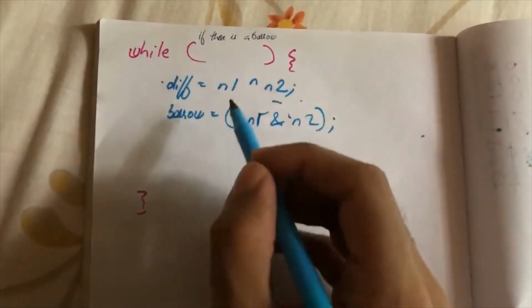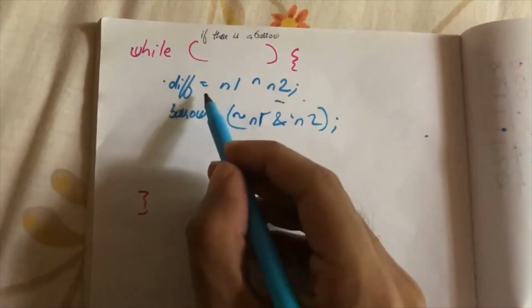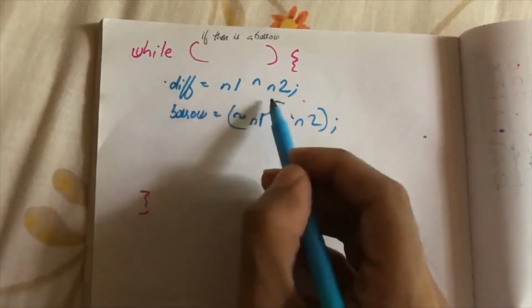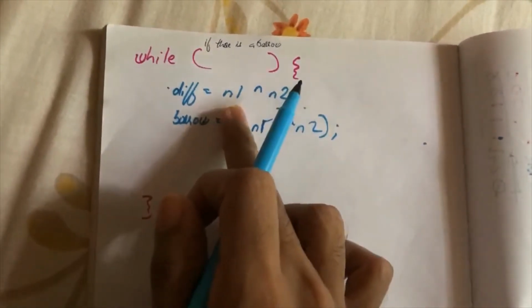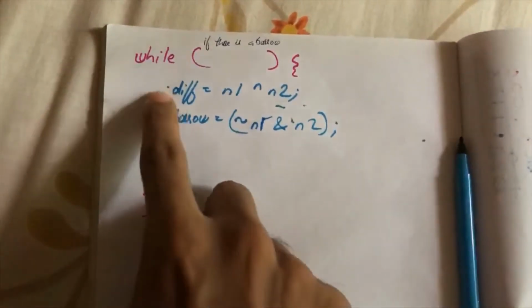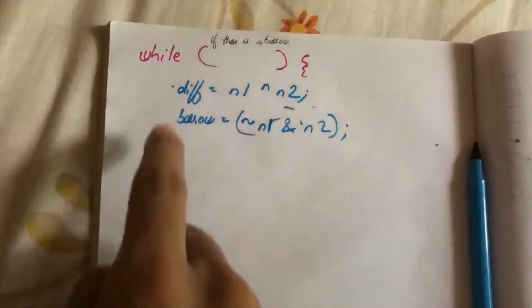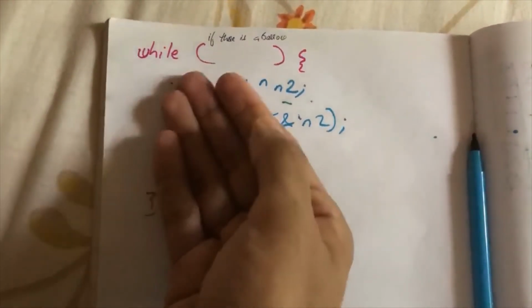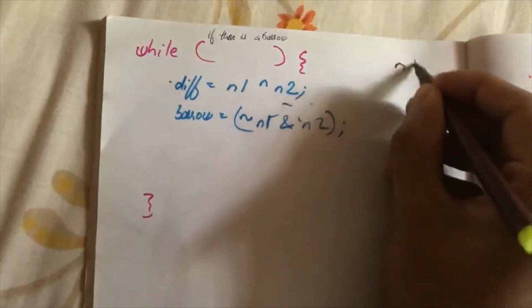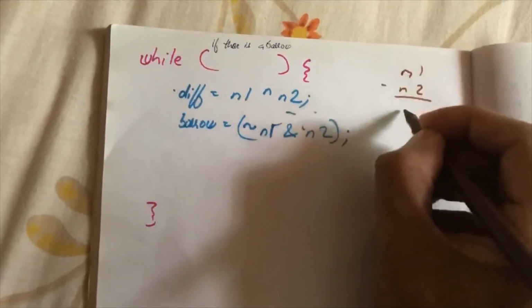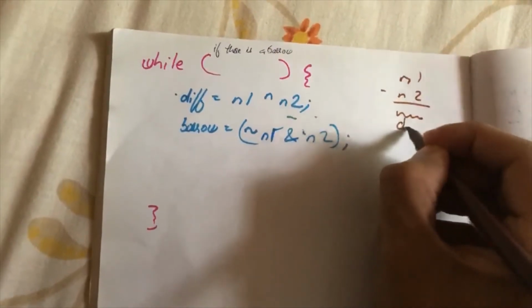But the next time the while loop finds the difference, it is going to check for n1 and n2. So the next time your difference should become n1, because after finding the difference and borrow, you need to subtract the borrow from the difference, right? So what happens is, you have n1, you have n2, first you subtract them, you get some answer, and that is called diff.